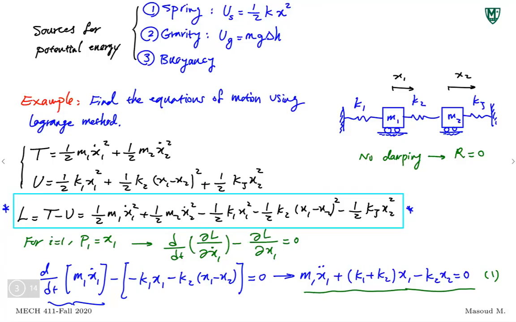Let's look at the second degree of freedom. So for i equals 2, P2 is obviously x2. For the Lagrange function, it becomes d dt of the partial derivative of L with respect to x2 dot, because we're looking at the second degree of freedom, minus partial L, partial x2, is equal to 0.